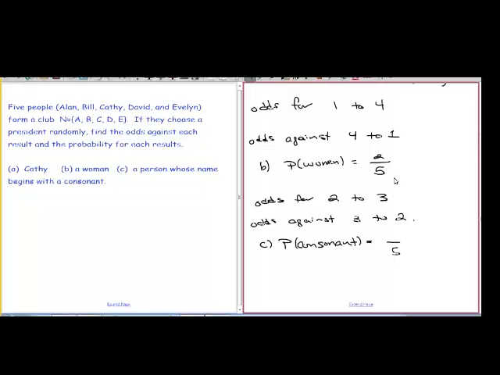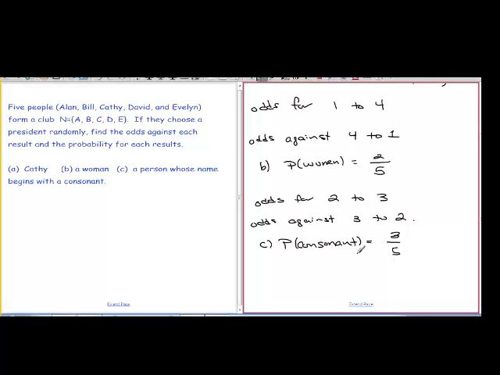Okay, let's see if anybody's got the answer here online. So the odds against are 2 to 3 according to Harmony. So let's see. How many people agree with that? Okay. So what you have is persons whose name begins with a consonant. So it's B, C, and D. There are 3.